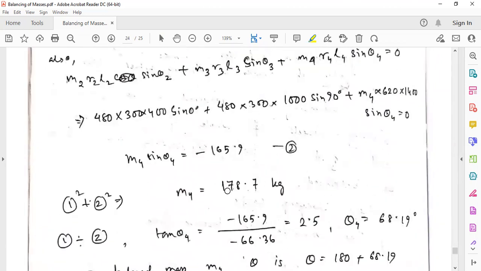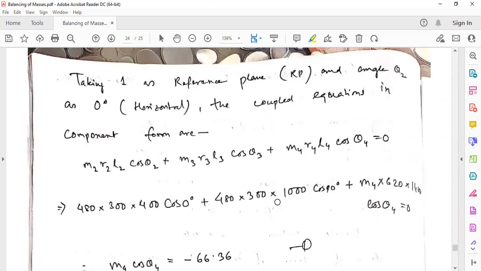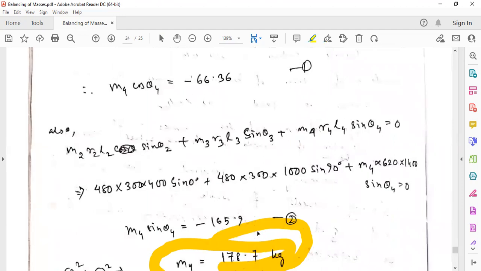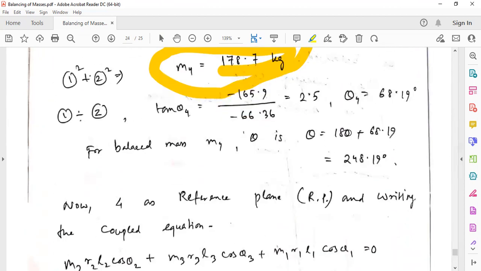Now this is actually the unbalanced force. Okay, I told you these are actually the unbalanced mass. We have to balance it by providing another counter mass at 180 degrees, or exactly opposite to that. That's why we have to add 180 degrees to this.